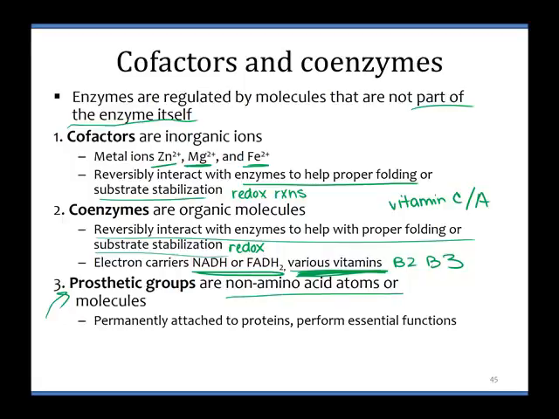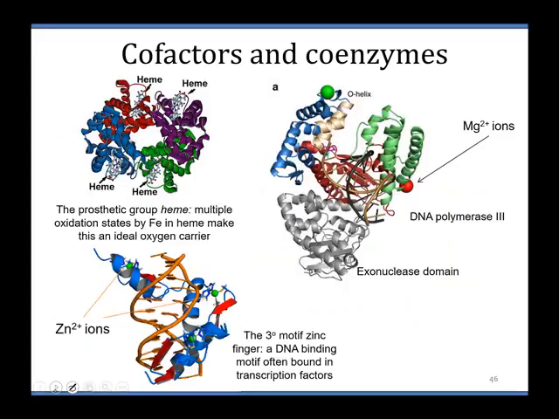They're non-amino acid atoms or molecules. But what's unique about them is that they are usually permanently attached to proteins and perform essential functions. They do a lot of different things. Let's look at some examples of these cofactors, coenzymes, and prosthetic groups.